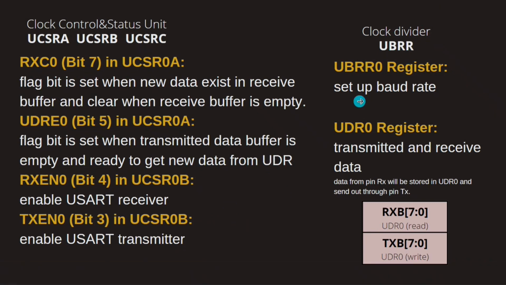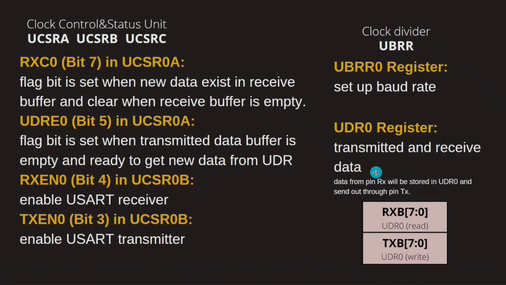The next one is the UBRR0 register, which will set up the baud rate, which generally is 9600, but when it enters into UBRR, it should be a decimal value, which is 103. Next one is the UDR0 register.